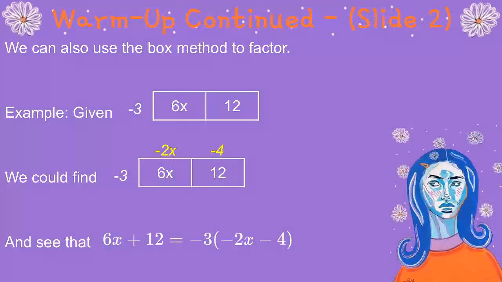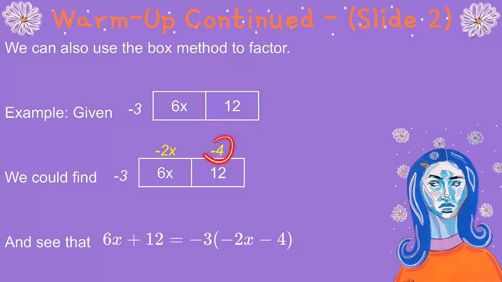Now here, what I'm drawing your attention to is the fact that if this is what you're given originally, we can factor out a negative 3 from this by saying, all right, negative 3 times what is equal to 6x? And the answer is negative 2x. Negative 3 times what will give us 12?